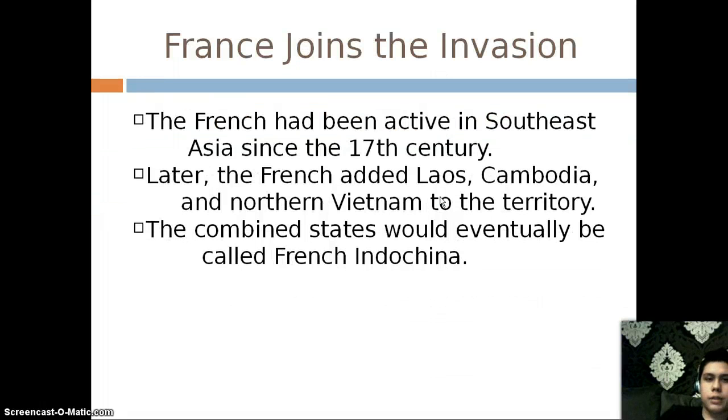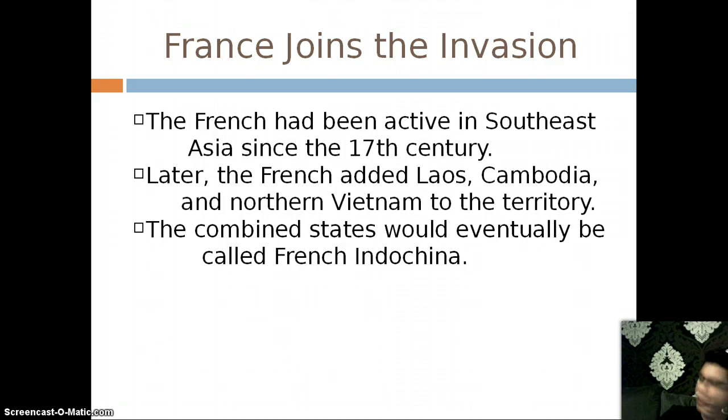So France joins the invasion. The French had been active in Southeast Asia since the seventeenth century. Later the French added Laos, Cambodia, and northern Vietnam to their territory, and the combined states would eventually be called French Indochina.